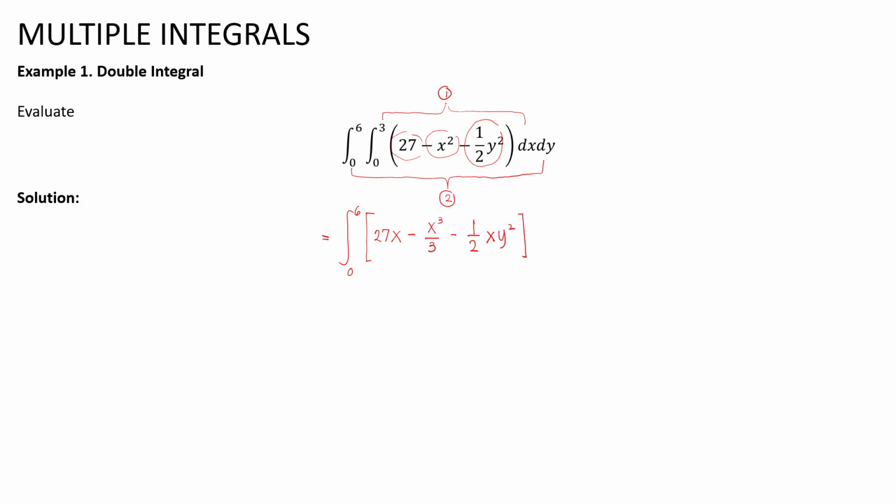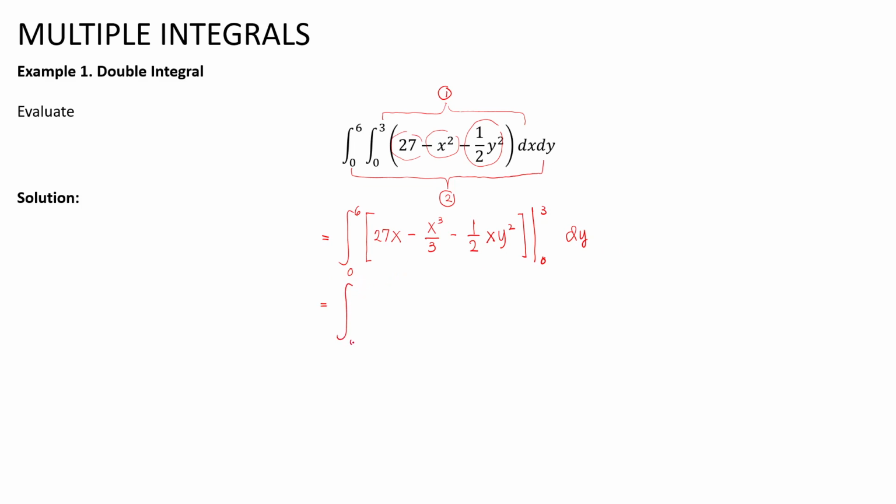It's not strict that only one variable be present in the equation. So the limit is from 0 to 3, and then dy. Evaluate first before getting the integral with respect to y.